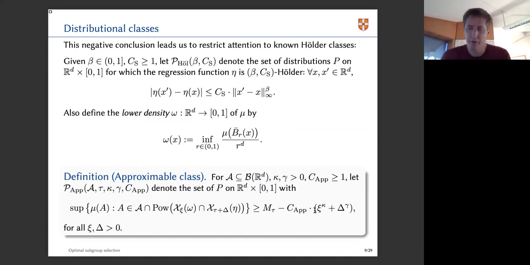So there are two different exponents that control this class. There's a kappa and the gamma, and the kappa is controlling the effect of the lower density, and the gamma is controlling the effect of the delta. So the gamma you can think of as being rather like a margin exponent, if you're familiar with the Sibikov-Mammen margin exponent.